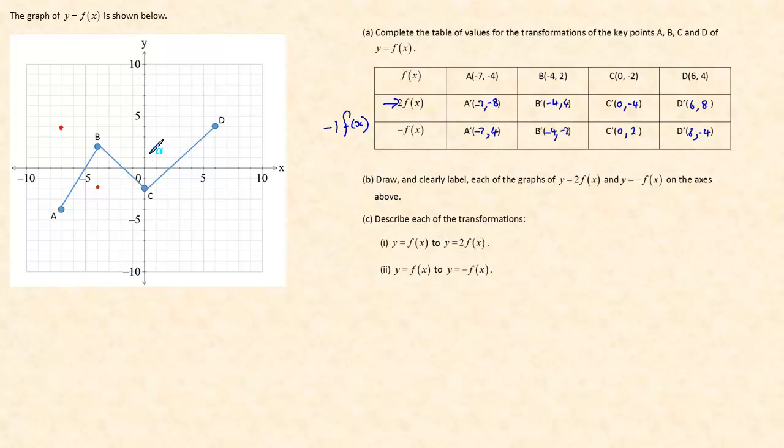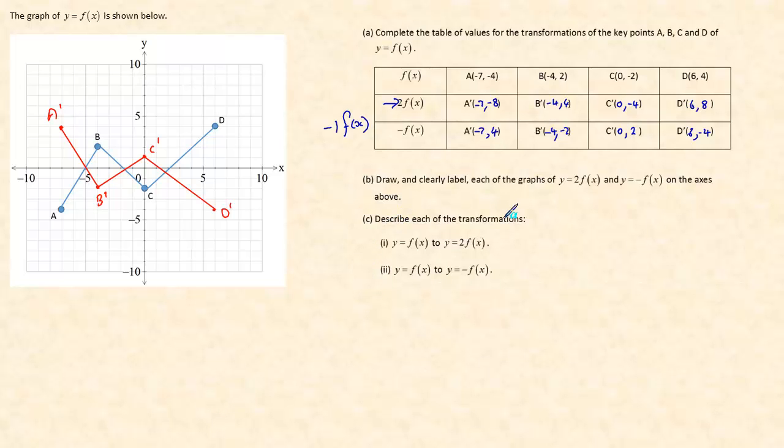Then we have 0, 2. And finally, we have 6, -4. So that's going to look like this. And that's going to be A dashed, B dashed, C dashed, and D dashed.